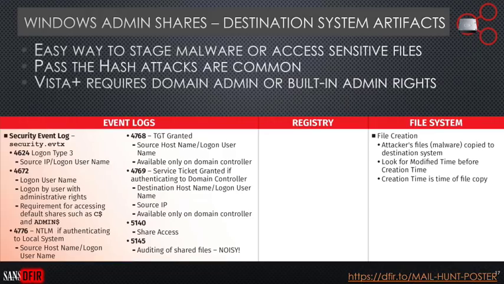On the opposite side, on the target side, again, a plethora of event logs are created as a result of this. If you have it enabled, the 5140 and 5145 for auditing the share access are entirely useful. They're usually recommended from a security standpoint, but typically you're looking for the 4672 logon.